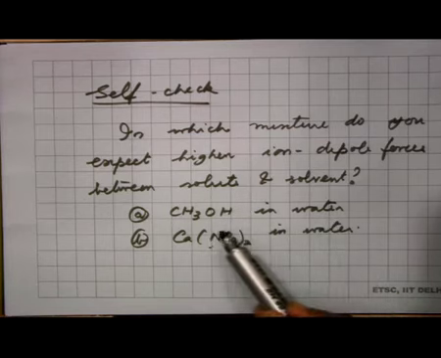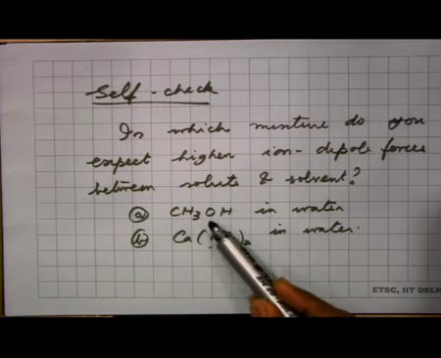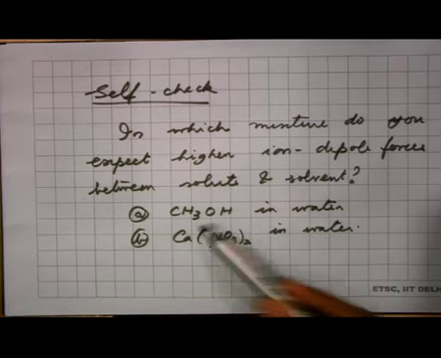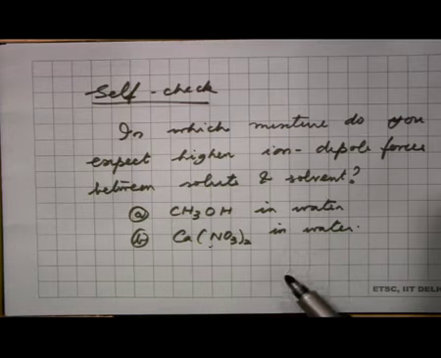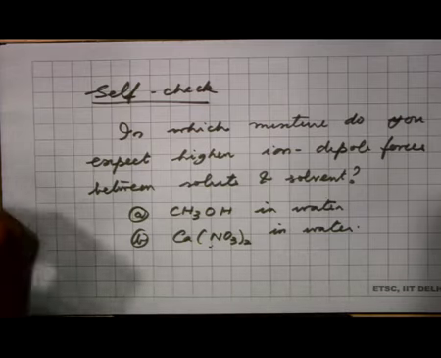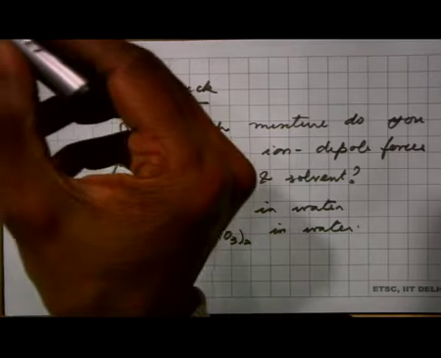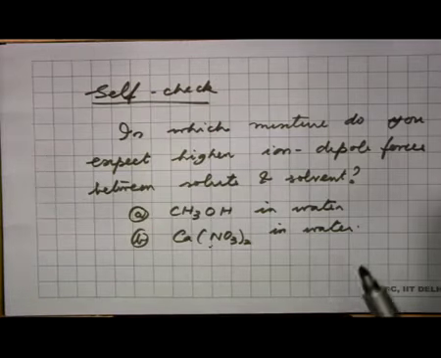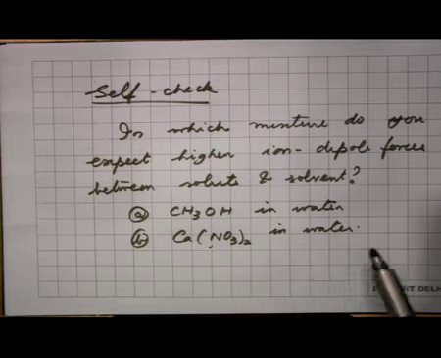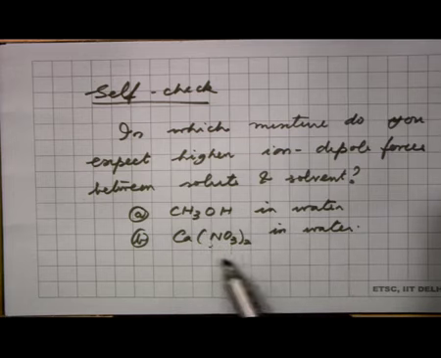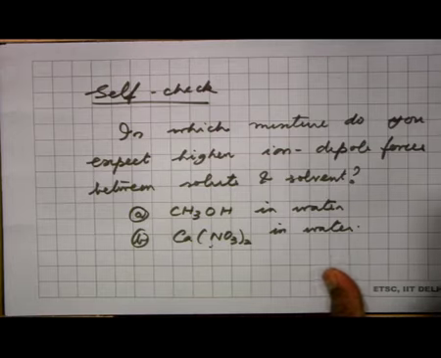You need to know the character of the solute from your previous knowledge of chemistry, and the one which will have smaller size or higher charge is going to have a higher interaction with water. And so, that is the mixture in which the ion-dipole forces will be higher. That is how you approach this problem.